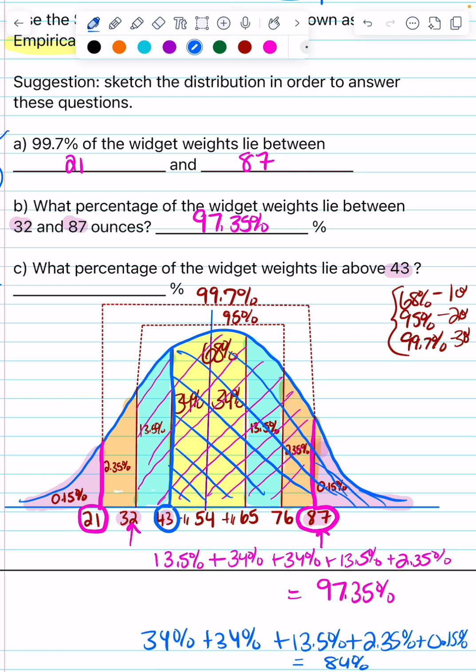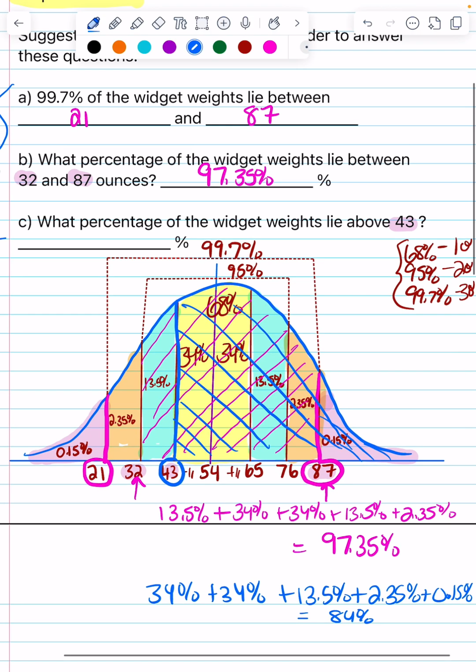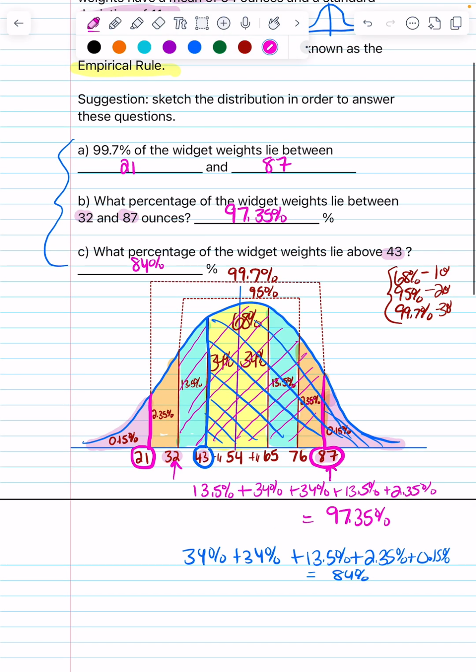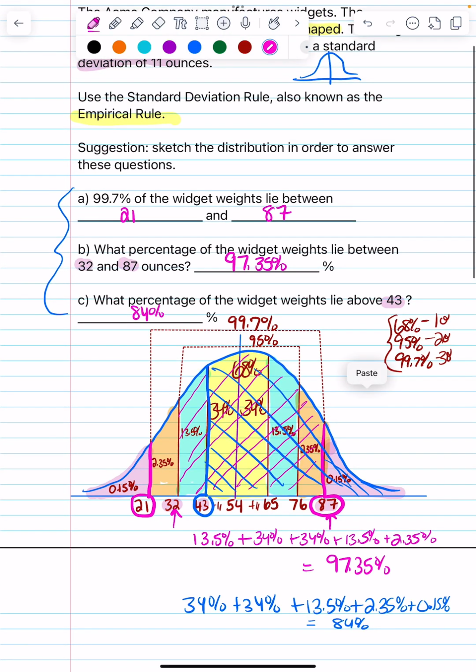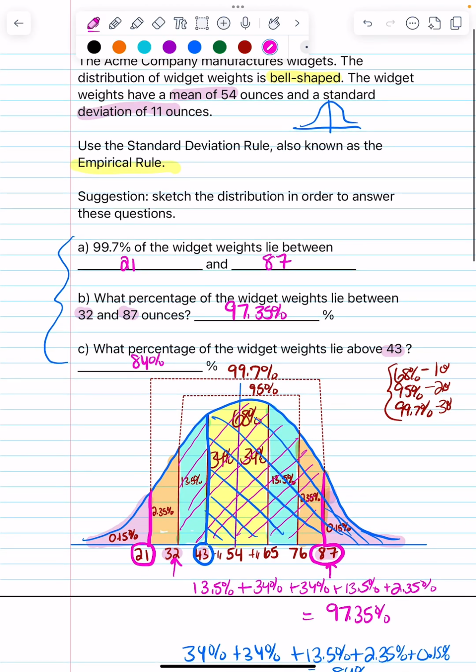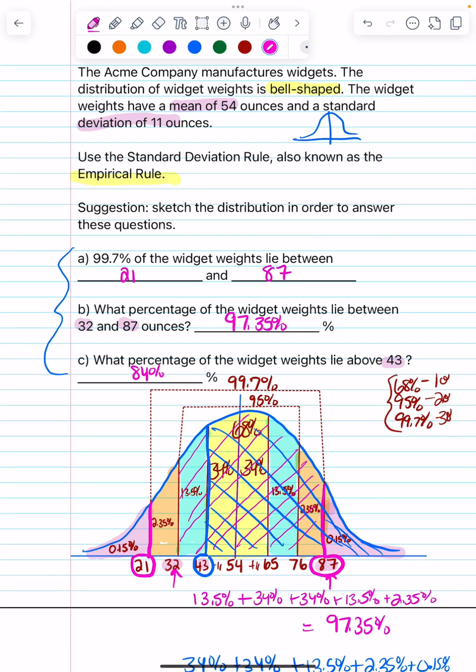All right, let me get to this one. 21 and 87, 97. I should have done this ahead of time. Oh yeah, I forgot to write that in. So this last one is 84%. And you don't actually write the percentages because those are given to you. But yeah, I hope that helps. Just as a recap, if you're given an empirical rule problem, then draw it out, shade, fill in all the percentages, and then worry about what the problem says.